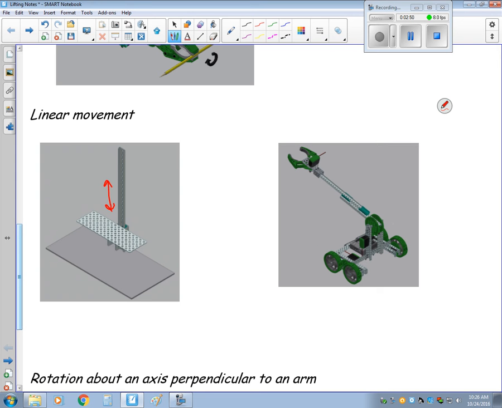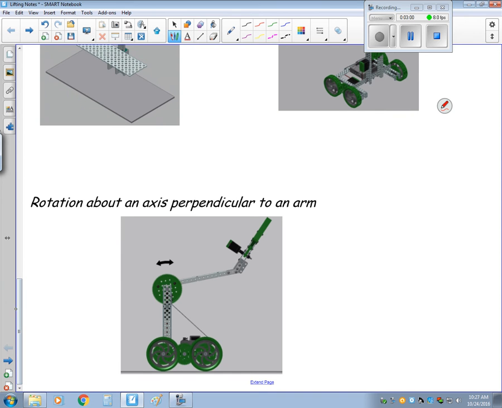Or we can have a sliding part on a robotic arm that can slide in and out. So that would be linear. And then we have rotation about an axis perpendicular to an arm. So this is just like your generic robotic arm, how it moves. It's a rotational one, so it can rotate back and forth.